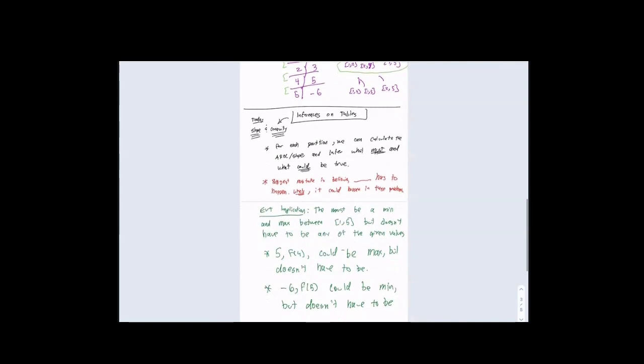Now, if you were told that those were the only values where the derivative was equal to 0 and the function was continuous, then it must be true.